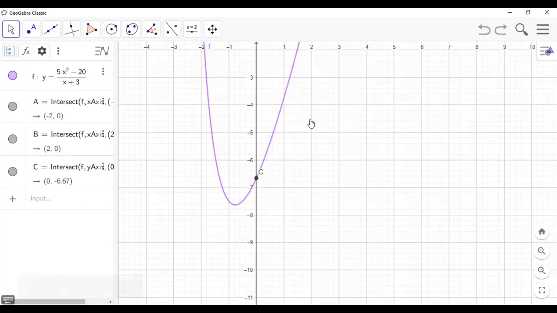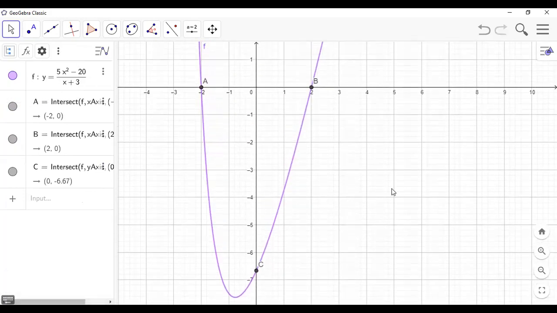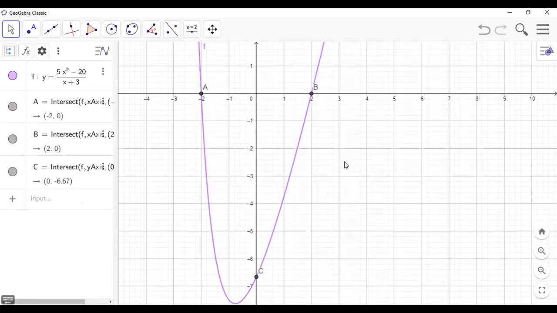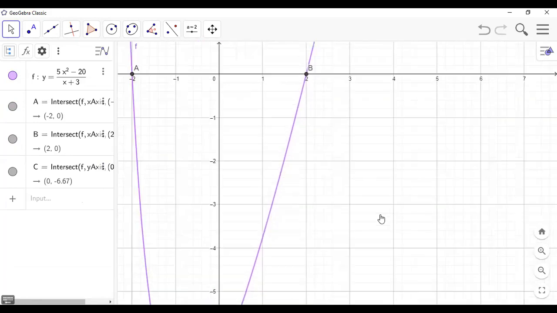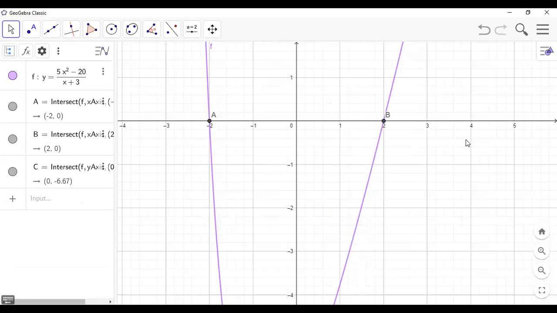Okay, kung papansin ninyo, class, sa anong intercepts natin kanina? X-intercept. We have 2 and negative 2. Kaya kung papansin ninyo, class, sa x-axis natin, yung x-intercept natin na negative 2 and 2 is nandoon. Kasi nga, the x-intercept is the point in which the graph and the x-axis intersect. Kaya yung negative 2 and 2 is our intersection sa axis.